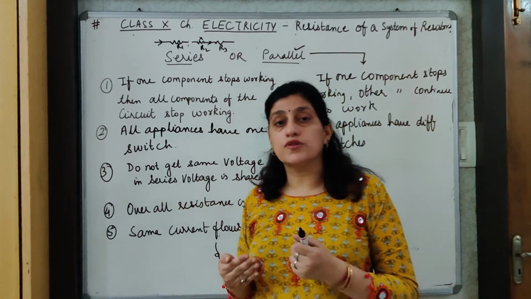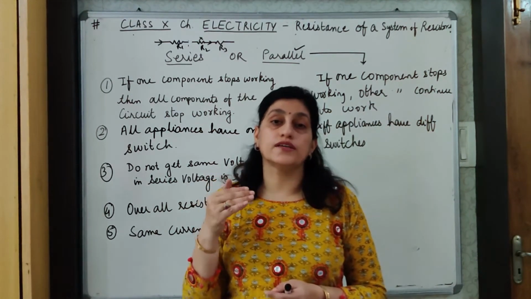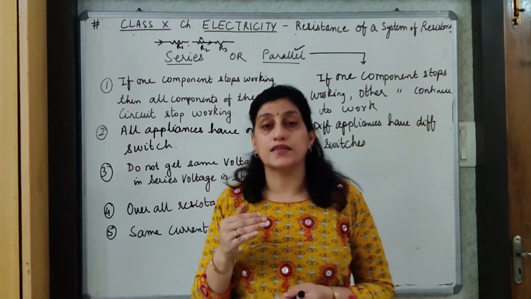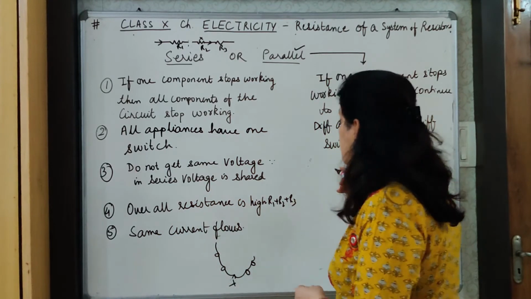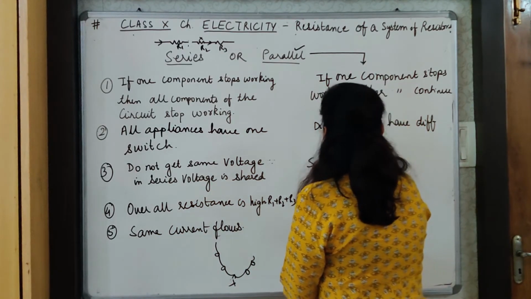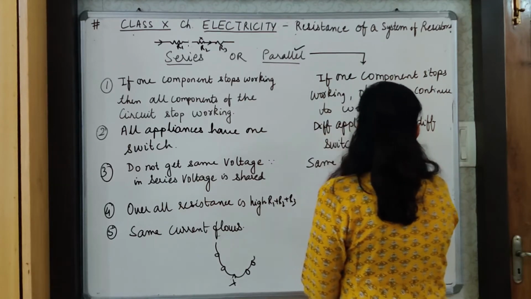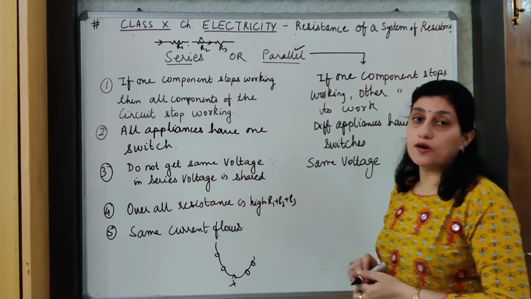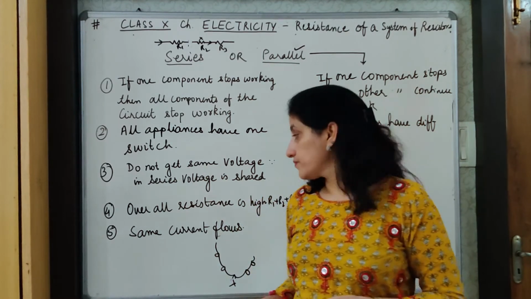So when the voltage is shared, the appliances will not get sufficient voltage and the efficiency of the appliances will go down due to the lower voltage. While in parallel, same voltage is received by each and every component and hence their efficiency is high enough.